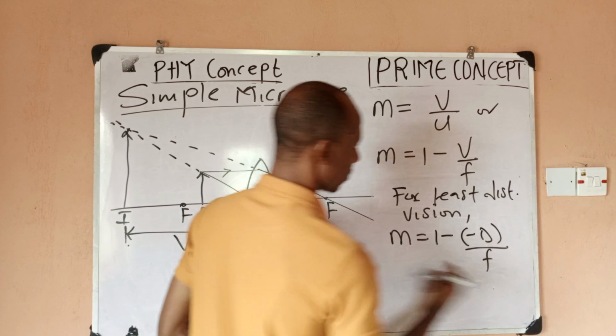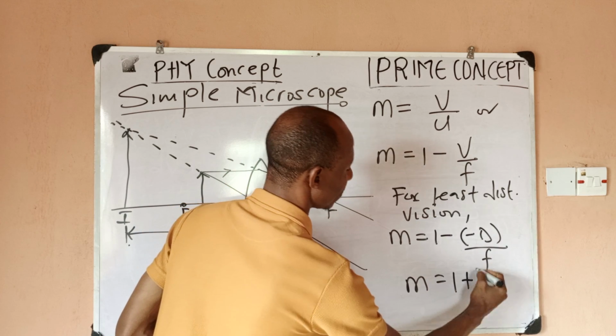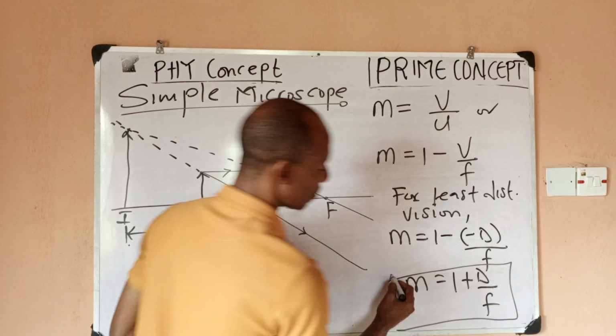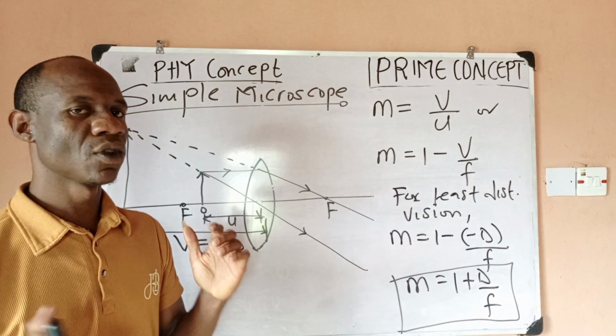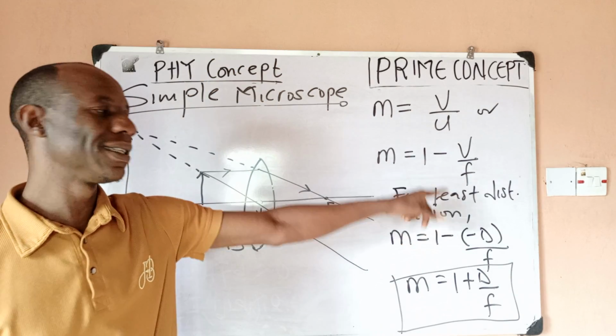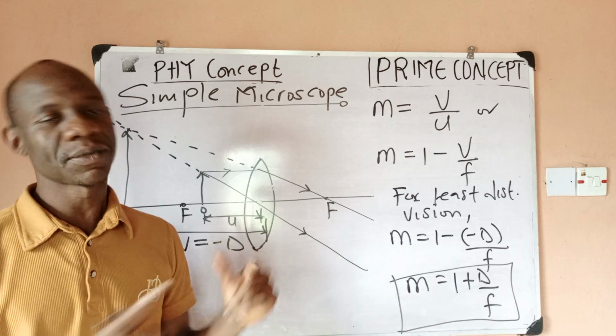So if I consider this, I would have that m is going to be 1 plus D over f. So this is what I have. This is the formula for magnification of a simple microscope when the image is formed at the least distance of distinct vision. So I believe that this concept of simple microscope is clear.